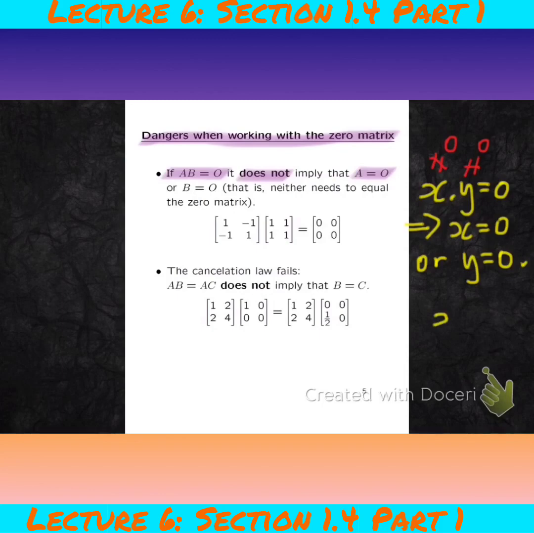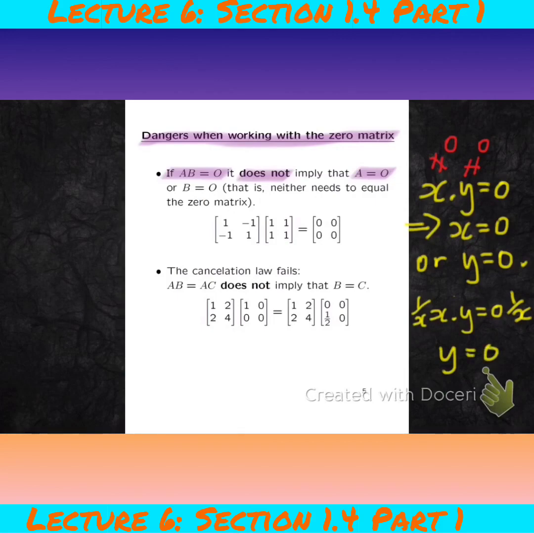So if x is not 0 and y is not 0, and x times y is 0, then you can multiply on the left with 1 over x, and you will get that y is equal to 0, which is a contradiction.